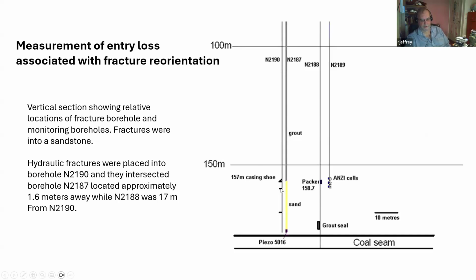And 2 fractures were placed, one at 160 meters and one at about 170 meters. And we monitored them with a piezometer installed in N2187, a couple meters away, which was located in a sand-filled borehole that was then grouted above it to seal it in. And we also monitored with the other monitoring holes.